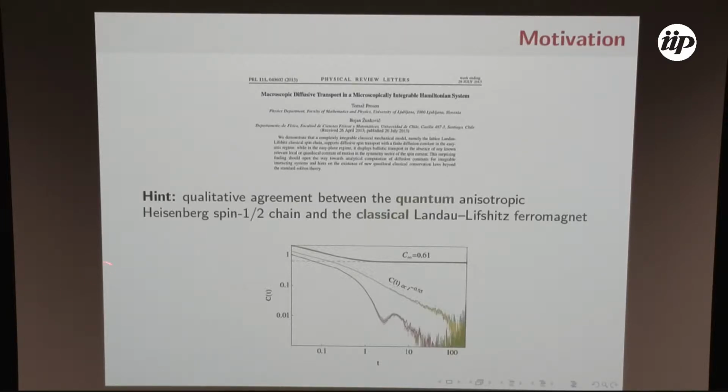You can find a ballistic regime with finite Drude weight, the normal diffusive behavior, or even anomalous superdiffusion, depending on the value of interaction and anisotropy. In fact, these phases are precisely in agreement with what Jacopo told you on Tuesday, in agreement with the transport properties of the Heisenberg quantum spin chain. And so it would be nice to understand why this is so.